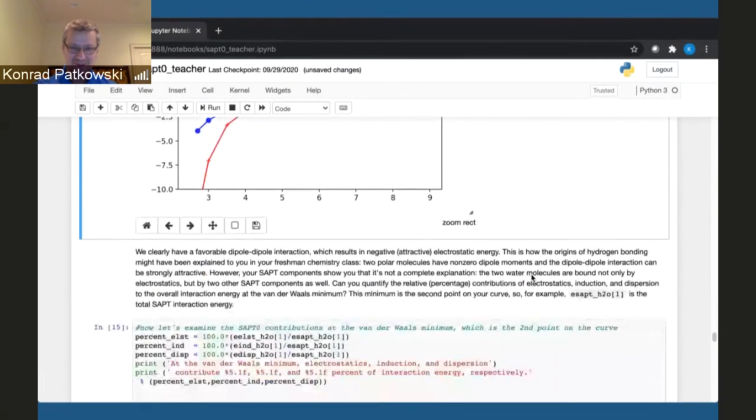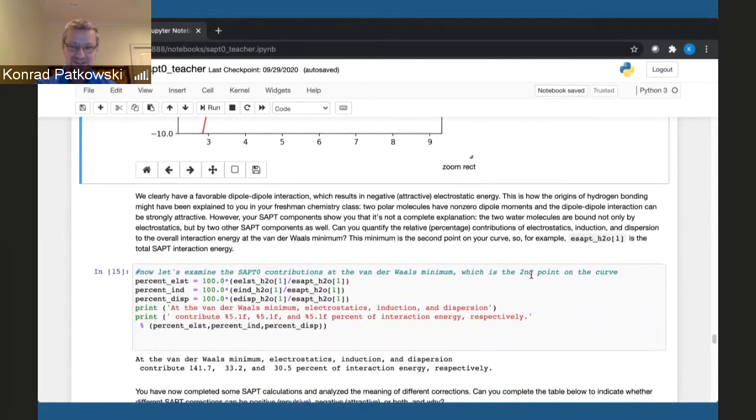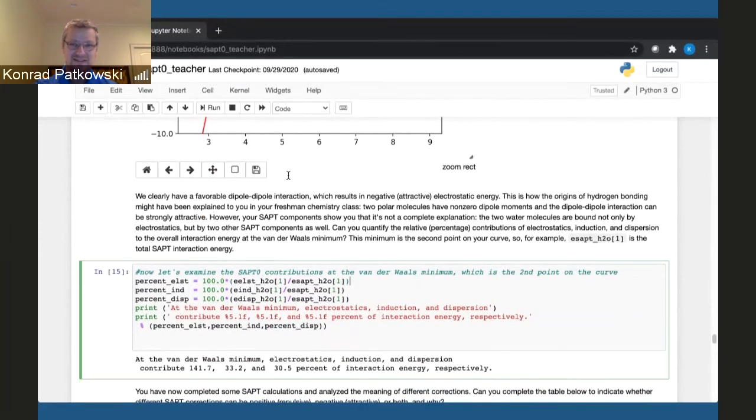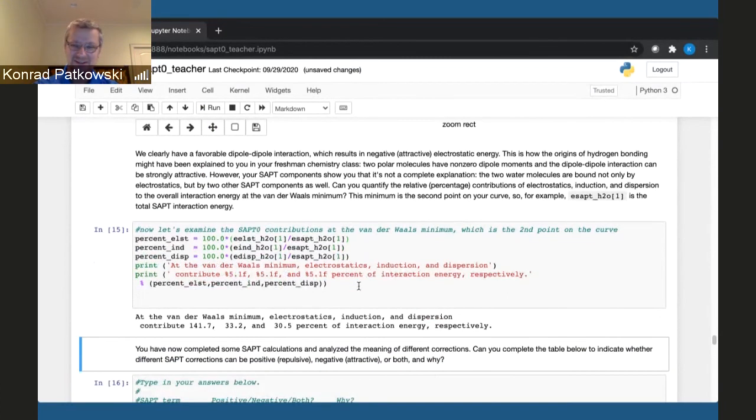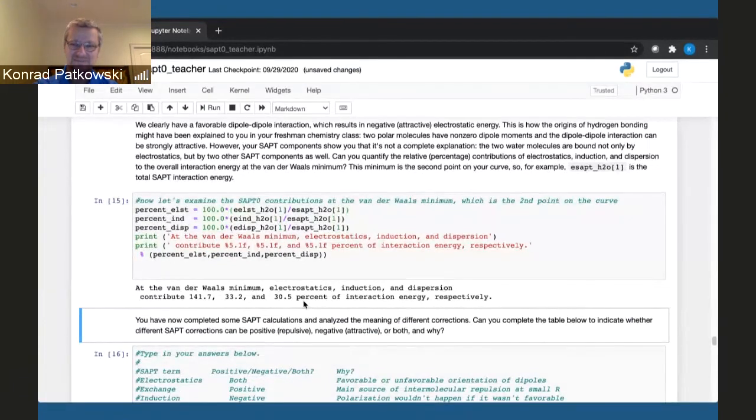All right, so we're almost there, just a little bookkeeping. Analyze the SAPT contributions to the water dimer at the minimum. As first, maybe in freshman chemistry, students learned that the interaction between two waters, or hydrogen bonding, is mostly dipole-dipole, and now we see that there's a sizable contribution of induction and dispersion in there.